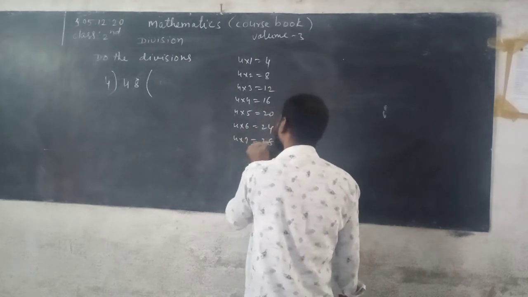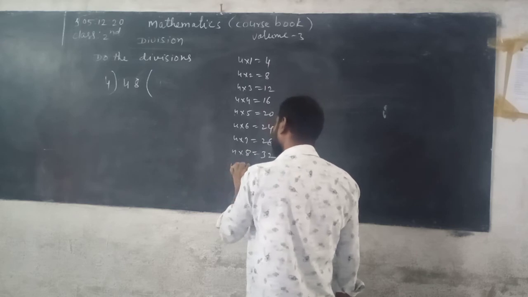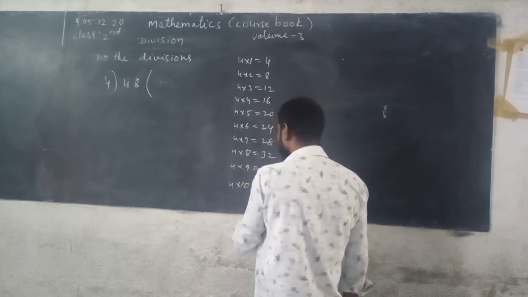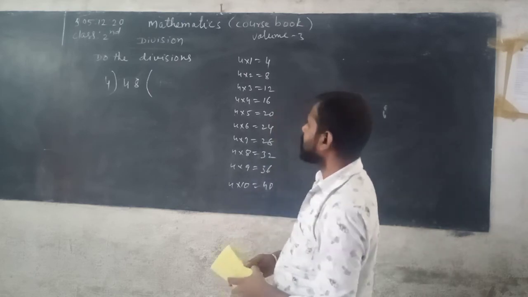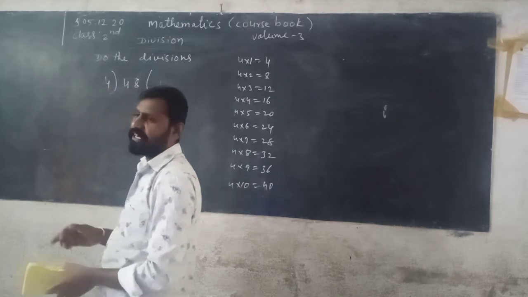Four sevens are 28, 4 eights are 32, 4 nines are 36, 4 tens are 40. See here, where is it possible. So here 48 is the dividend, 4 is the divisor. You can read the 4 table.